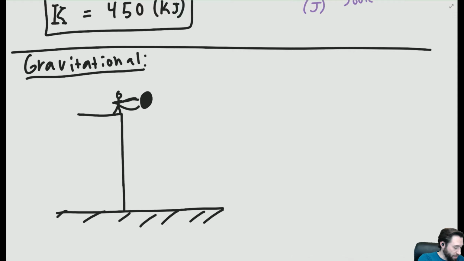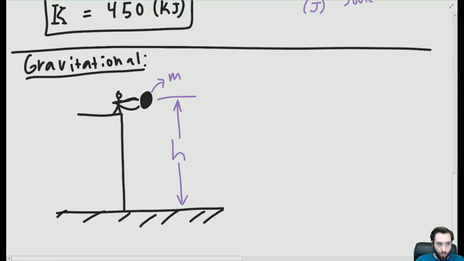The ball has a mass, and it also has a particular height from the ground. Cool.